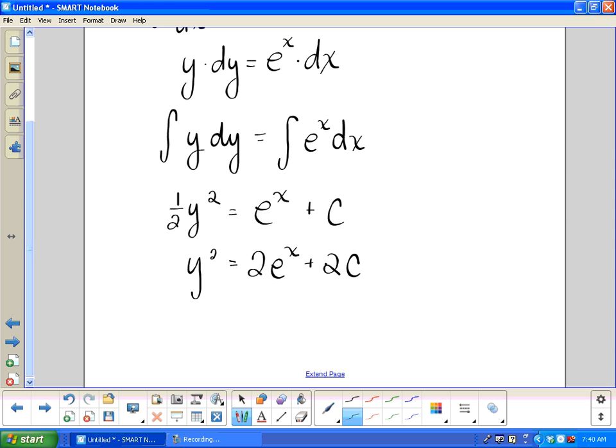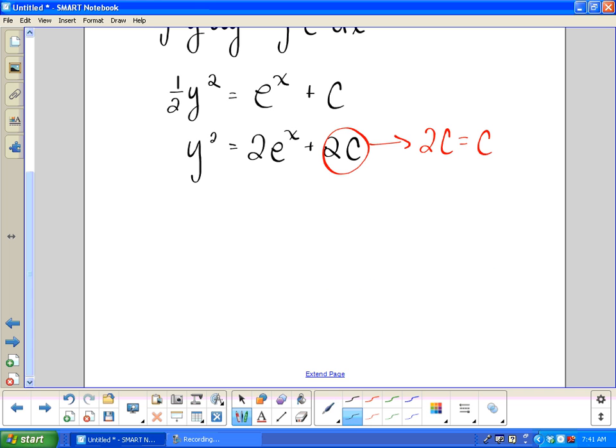And now remember what I said, 2c is still just another constant, so we're just going to rewrite this as c. So this gives us y squared is equal to 2e to the x plus c. I could take the square root of both sides. At this point, I'm going to leave it the way it is.